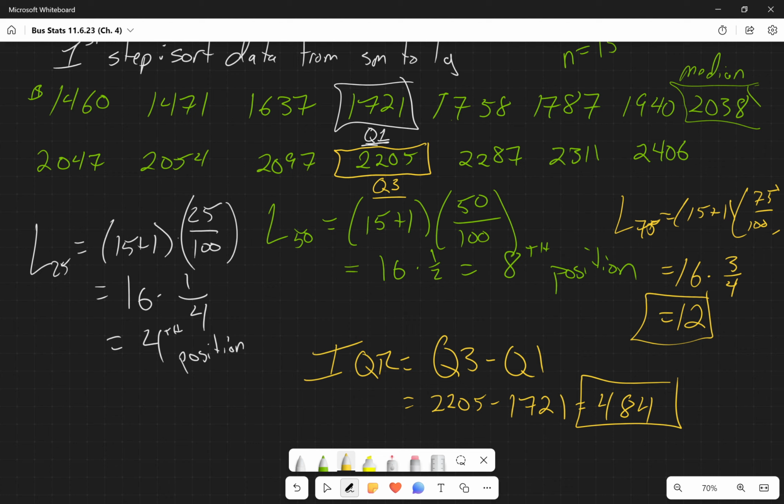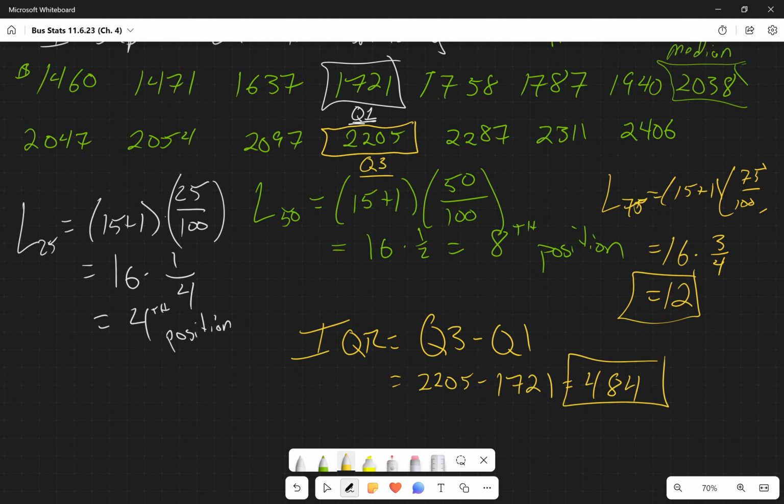So this one is easy because it is an odd number. So when n is odd, things tend to be easy. It's not a guarantee, but things tend to be easy. When they are even, not so much.